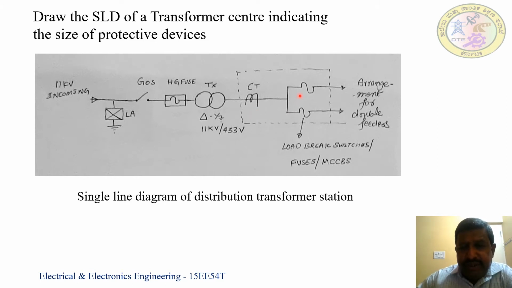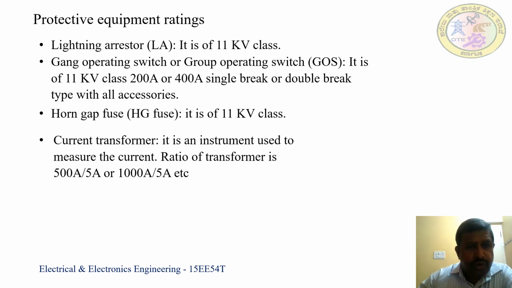Next, the arrangement for double feeders. Here, two feeders are going. Each feeder has to pass through the load break switches or fuses or molded case circuit breakers. Following are the protective equipment ratings. First is the lightning arrestor.